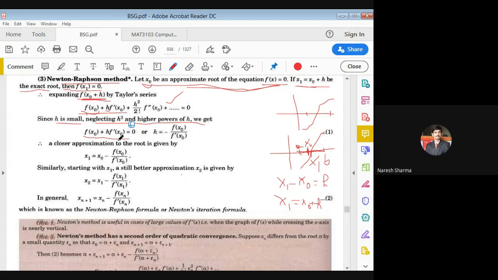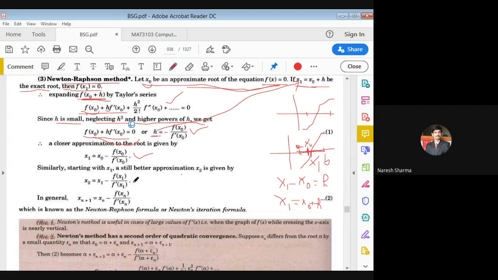If we rewrite this, we shift f(x0) to the right hand side with a negative sign, and get h equal to minus f(x0) divided by f dash x0. If we put the value of h in x1, that gives x1 equal to x0 minus f(x0) divided by f dash x0.